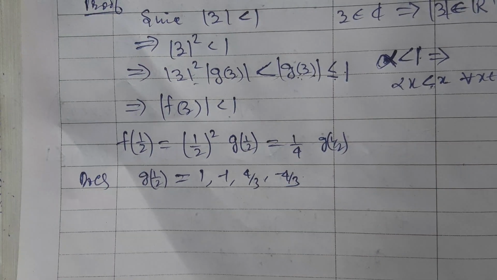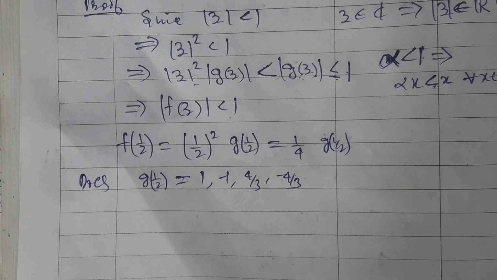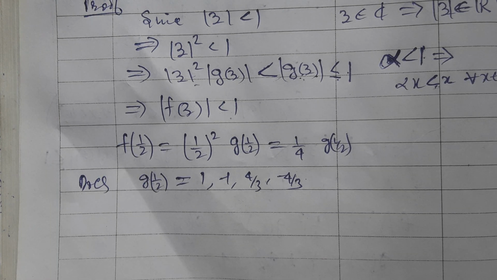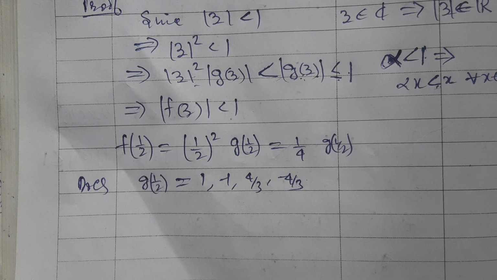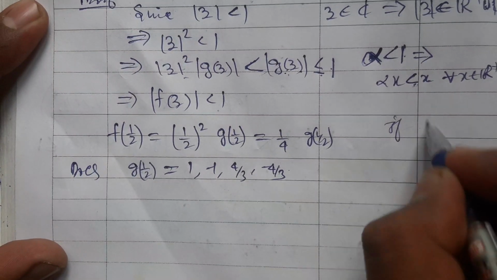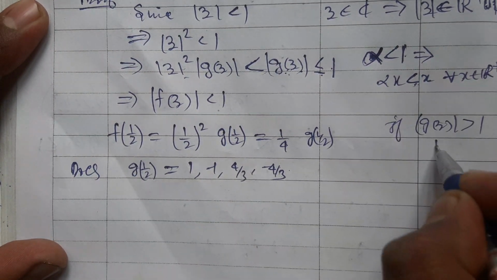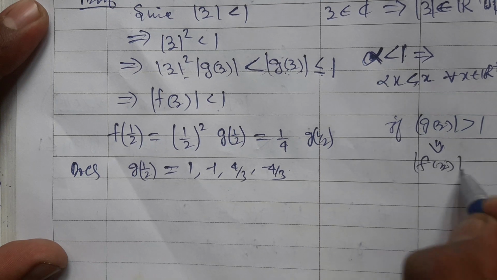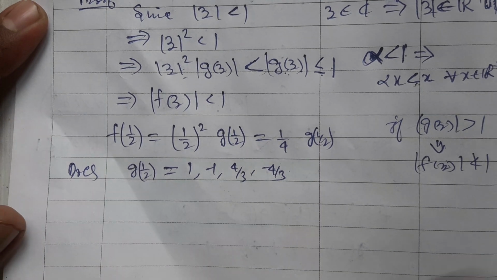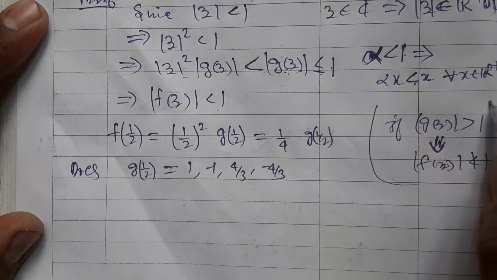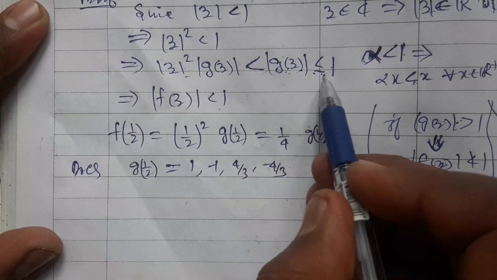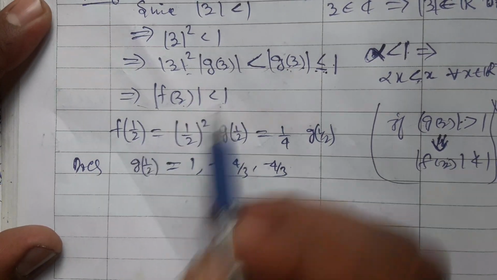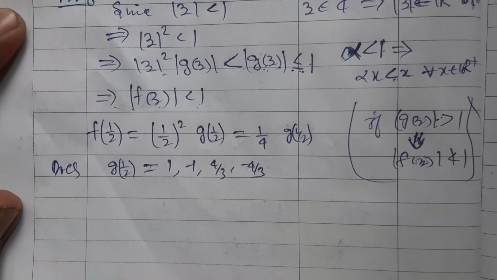If the modulus of g were greater than 1, it would not satisfy the given hypothesis that the image of the analytic function is in the unit disk. If the modulus of g of z were greater than 1, then the modulus of f of z could not be less than 1. So we need to keep the modulus of g of z less than or equal to 1, otherwise I may not get this at all.